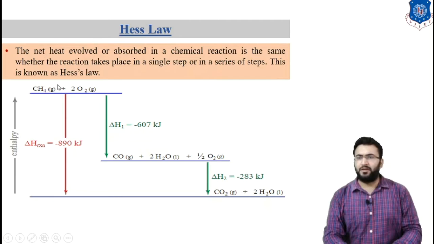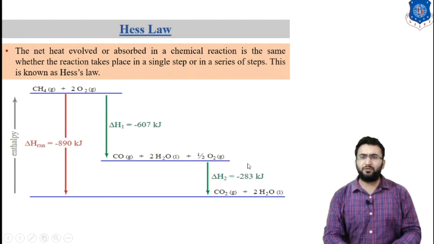In step 1, methane reacts with 2O2 to give CO plus 2H2O plus 1/2 O2. And again this 1/2 O2 reacts with the CO and makes CO2. So this reaction occurs in two steps. In step 1, the enthalpy change is minus 607 kilojoule, whereas in step 2, the enthalpy change is minus 283 kilojoule.